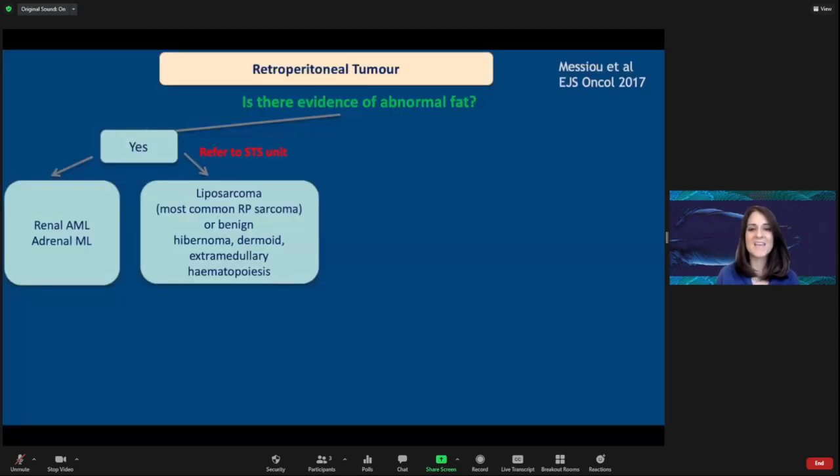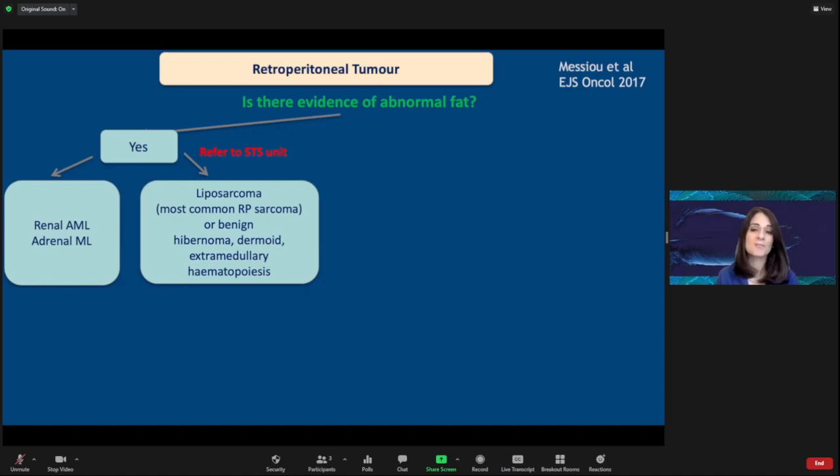I think the key to looking at these indeterminate masses is to have a systematic way of looking at them. And for me, if the masses aren't clearly arising from one of the solid abdominal viscera, the first question I ask myself is: is there evidence of abnormal fat? And you have to have a very purposeful look for that fat because it's not always obvious.